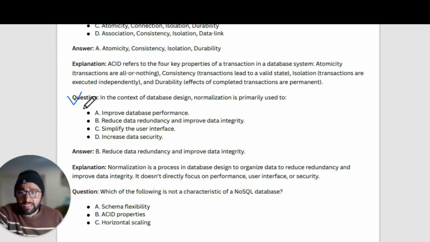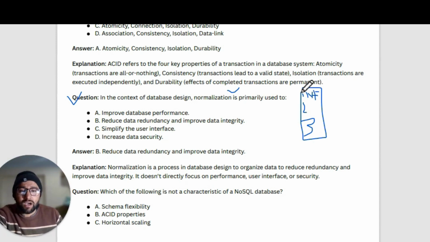The examiner likes to ask about this concept from aspirants, students, or whatever the audience is. So in normalization, we need to understand the first normal form and the second normal form and the third normal form. These three normal forms are very, very important to understand.